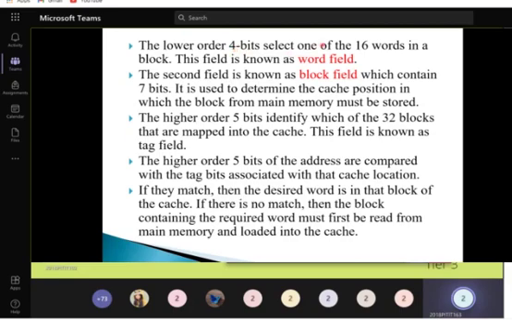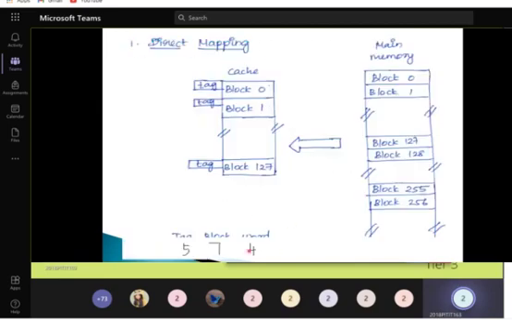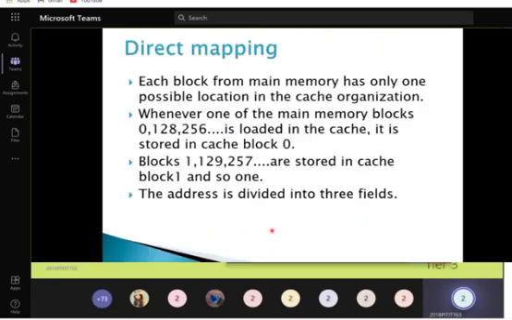And the lower order 4 bits select one of the 16 words in the block. The lower order 4 bits only will be selecting one of the 16 words in that particular block, and this field we call the word field.